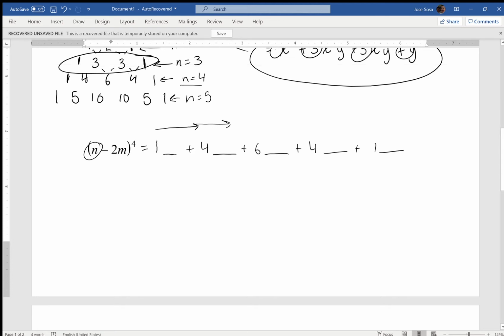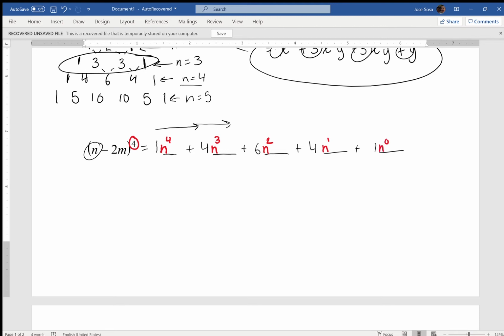All right, so this is going to start with n to the highest power, which is 4. And on the next one, I'm going to descend 1, so n to the third power. And on the next one, n to the second power. And on the next one, n to the first power. And finally, n to the 0th power.